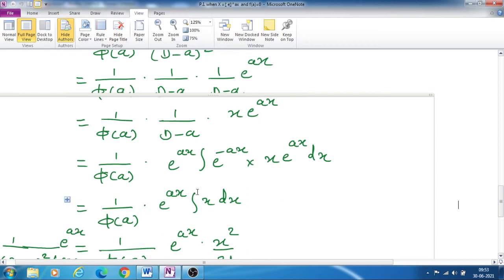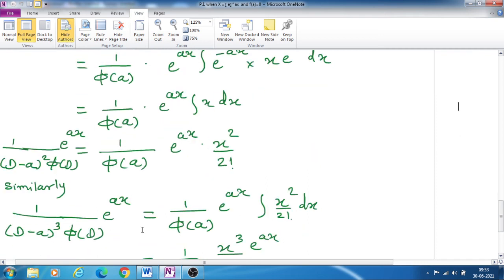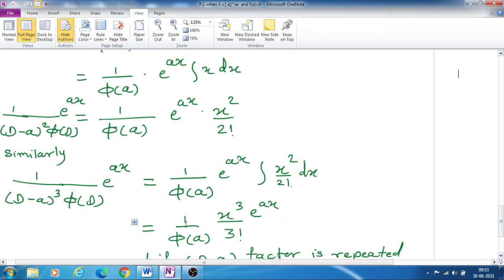So this is equal to the integration sign, only x dx remains. So this is equal to 1 upon phi(a) e raised to ax, and integral of x is x squared upon factorial 2. So if we increase the factors D minus a, then we have to integrate this last term.